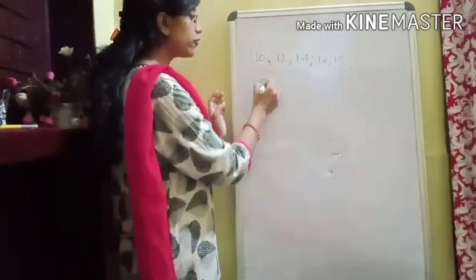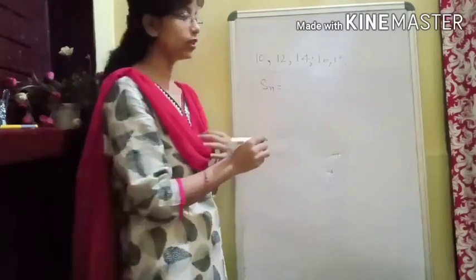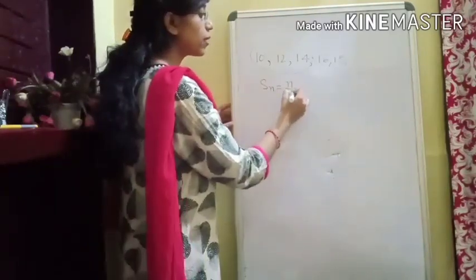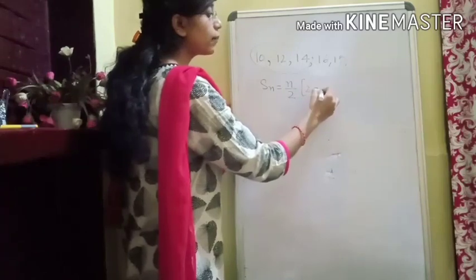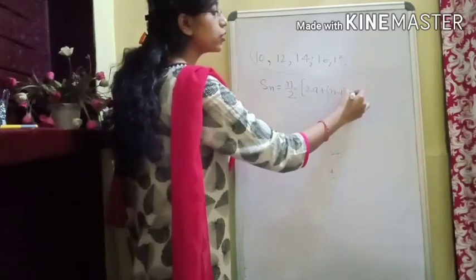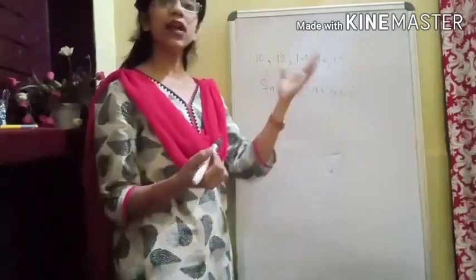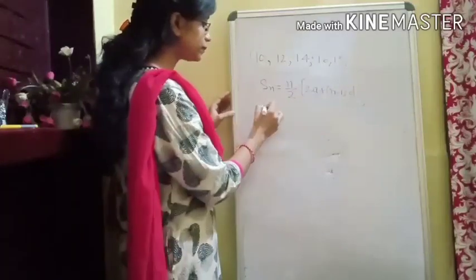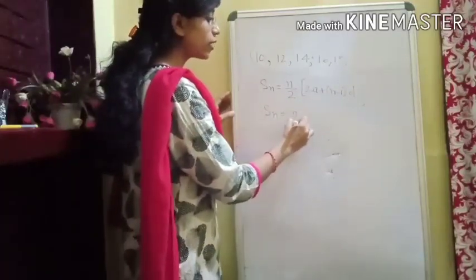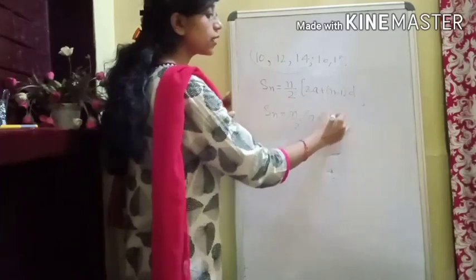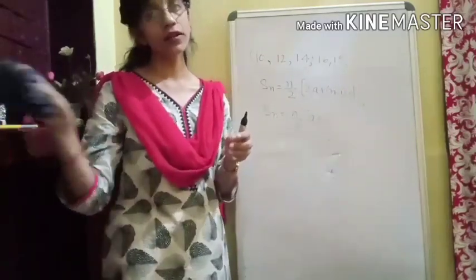The formula for sum is n by 2, 2a plus n minus 1 into d. In case we know the last term, the formula will be n by 2 into a plus l. So this is our formula.